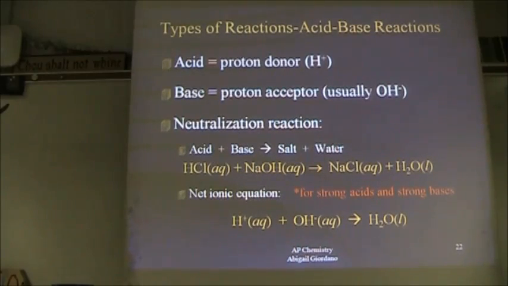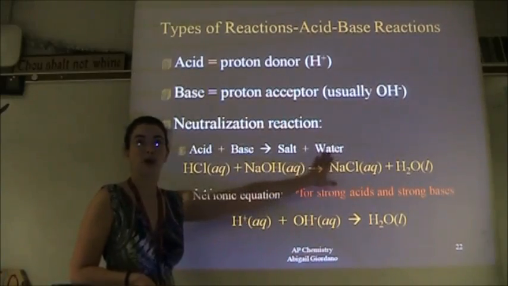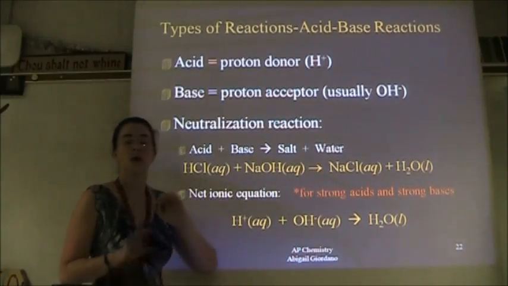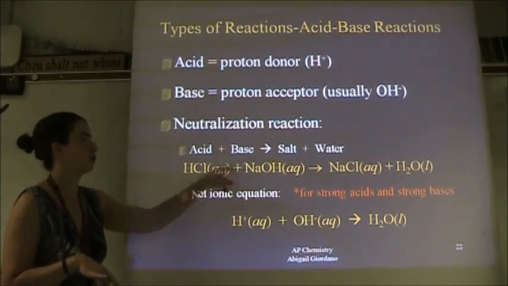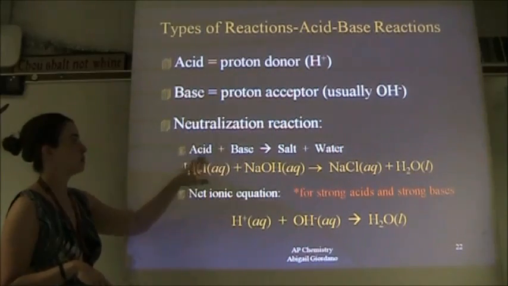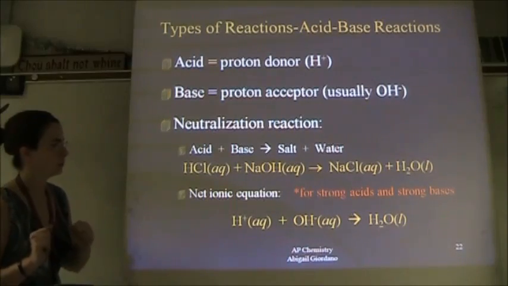Well, guys, all acid-base reactions do not produce a salt and water, okay? So I want to make sure that you understand neutralization, focus on the reactants. That just means acid plus base. Stop there. Okay?